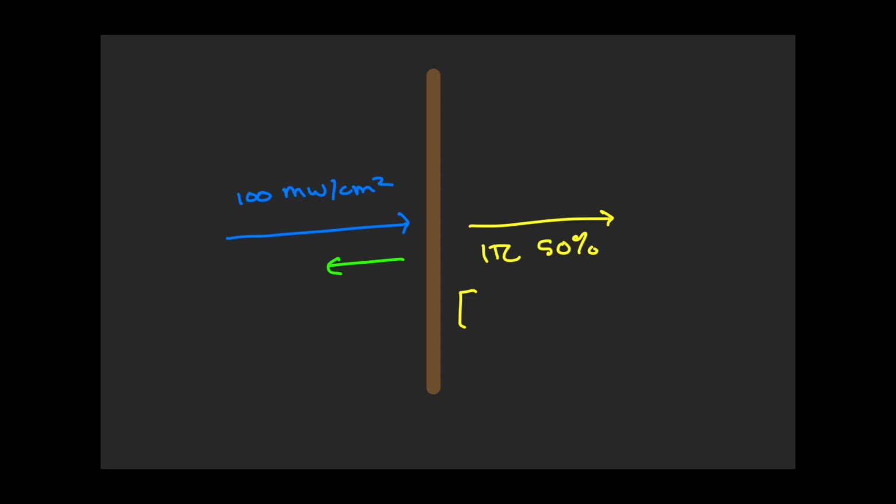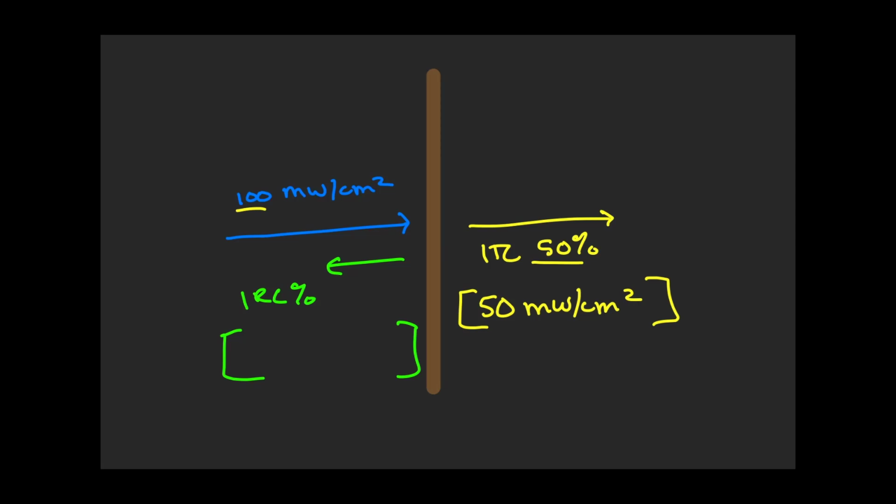From here, you might be asked then to calculate the intensity of the transmission, or you may be asked to calculate the IRC of the reflection or the intensity of the reflection. Starting with the ITC and calculating intensity, all we need to do is take 50% of our incident beam. So 50% of 100 is 50 milliwatts per centimeter squared.